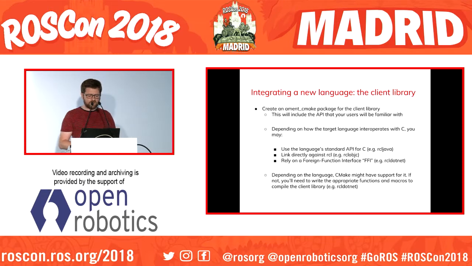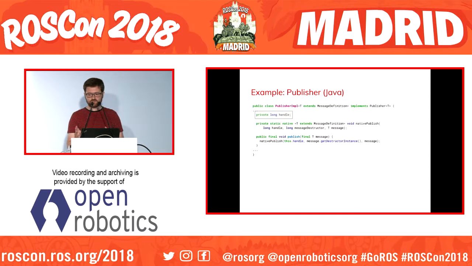The 3 client libraries that I'm presenting each have a different way of interacting with C. So there's a chance that your language will fall into one of the 3 options, but we are gonna focus on Java.